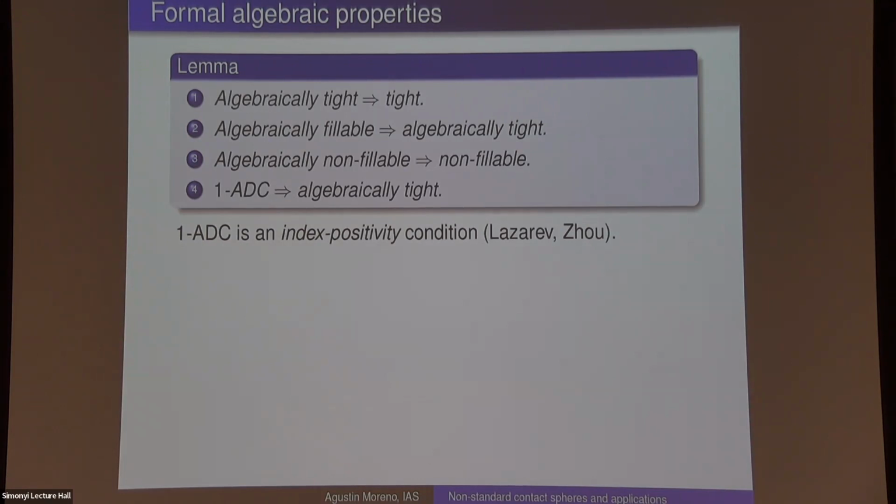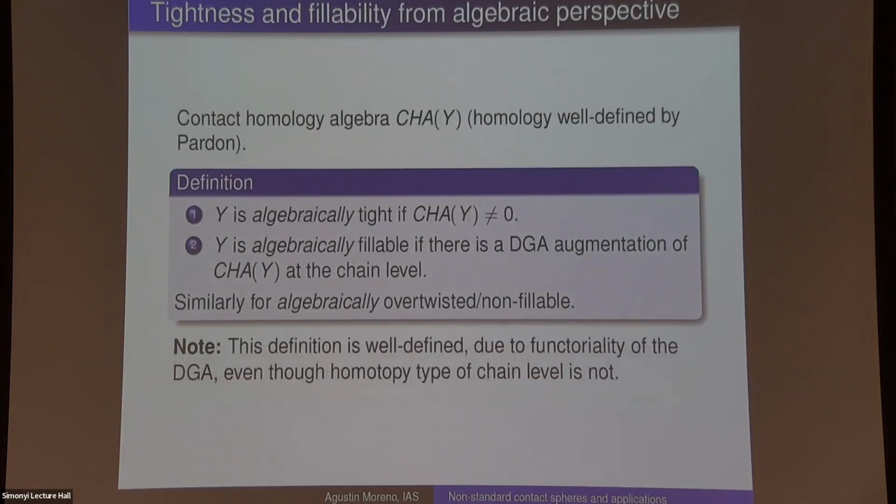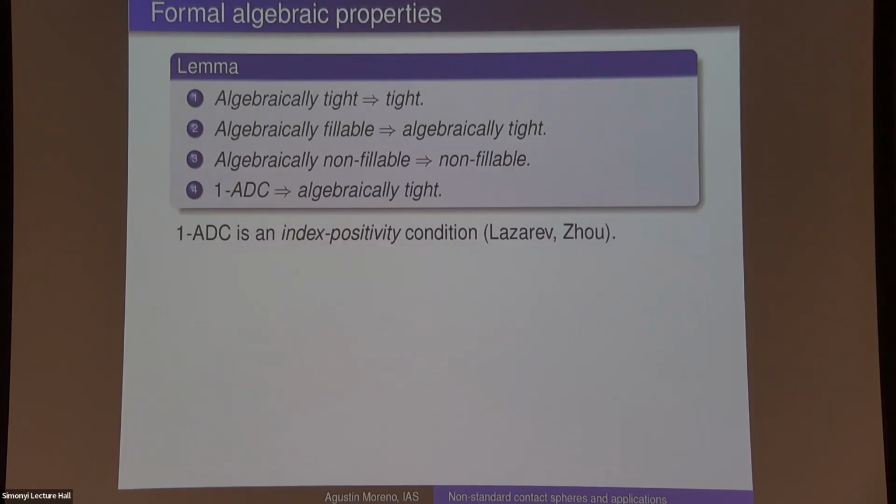In other words, if you were not algebraically tight, the contact homology would be zero, and that precludes the existence of augmentations. I was just getting my definitions swapped. Algebraically non-fillable implies non-fillable because fillings induce augmentations.